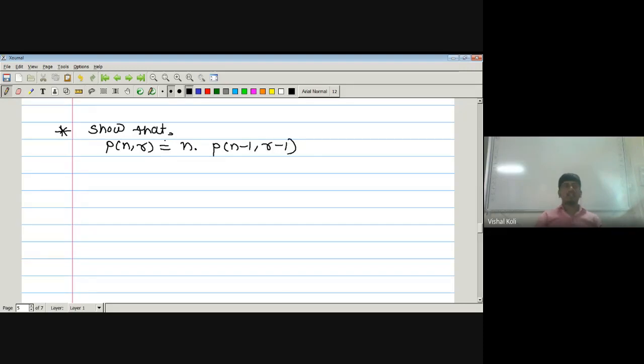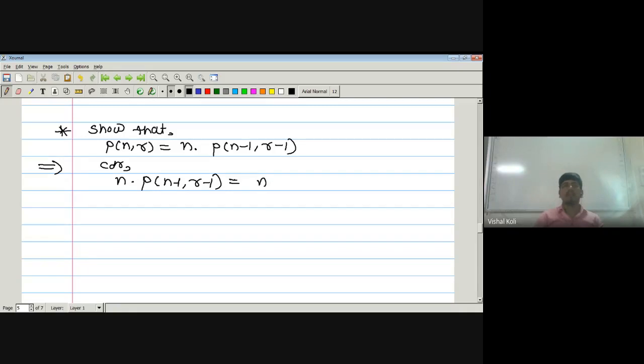That is, here we have to prove that the permutation of n different things taking r at a time is equal to n into the permutation of n minus 1 different things where r minus 1 will be taken at a time. For that, consider the RHS, and we have to prove that this RHS will be equal to the LHS. Consider n into permutations of n minus 1 things where r minus 1 will be taken at a time.